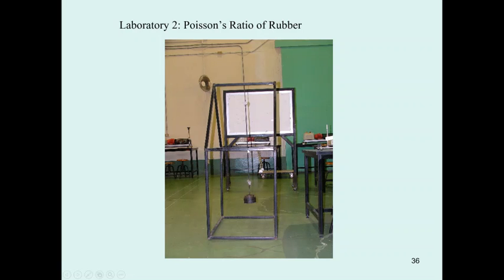Subtracting L sub 0 from L sub 1 gives the elongation, and dividing by the original length gives the longitudinal strain. Also, you have the original width; with the weight applied the width decreases. The new width minus the old one, divided by the old one, gives the lateral strain.